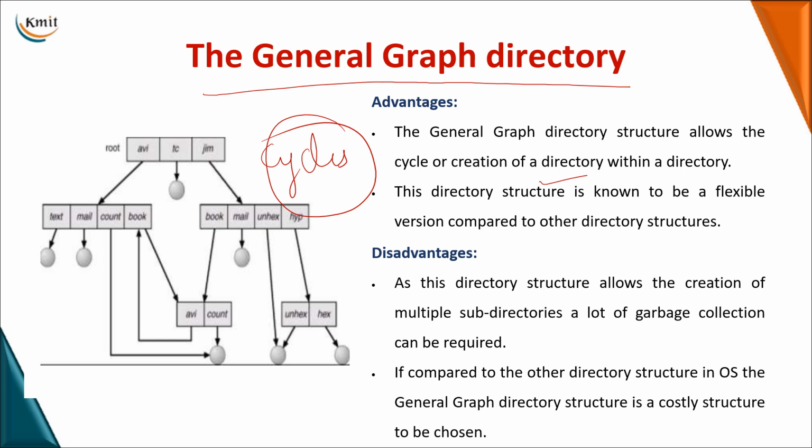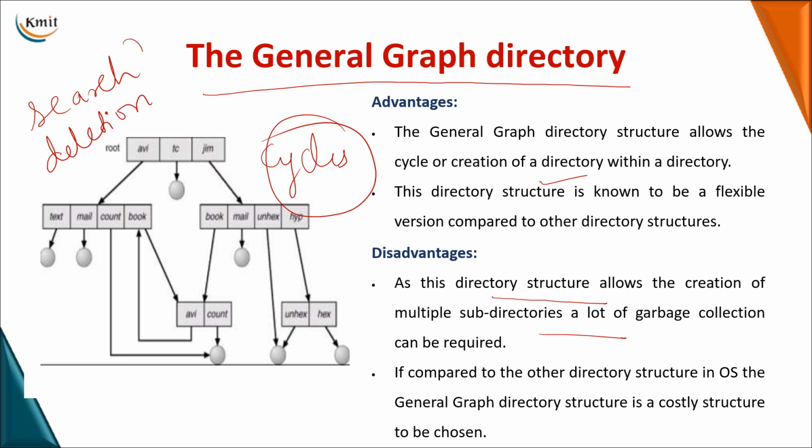The deletion problem you got earlier is what you try to overcome in general graph directories. The complexity of this structure is that you get a problem in two things: while performing your search operation and while performing your deletion.